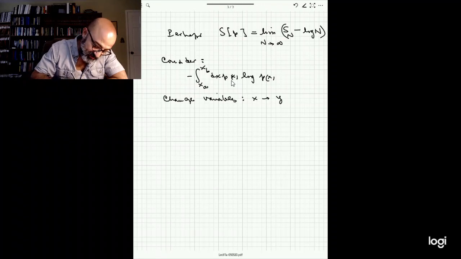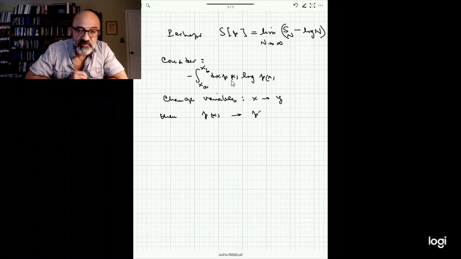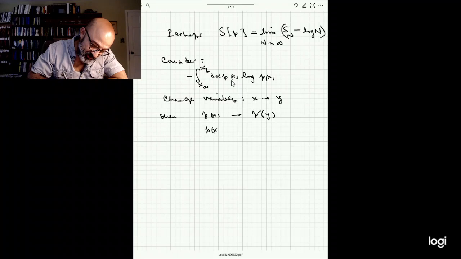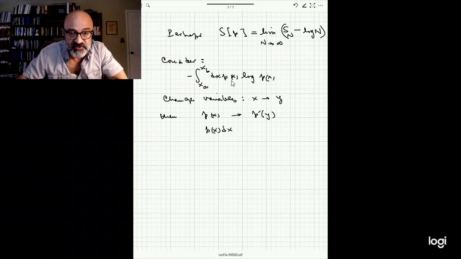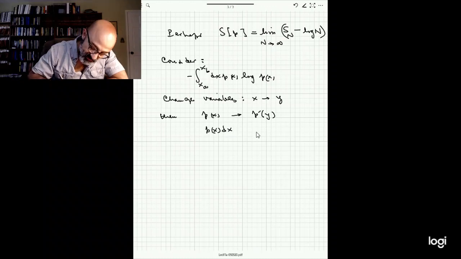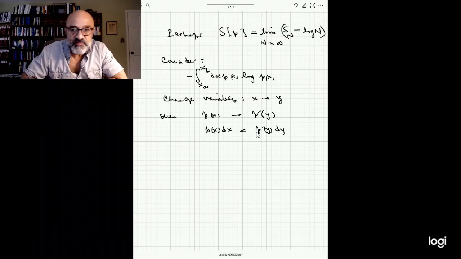Then the probability px changes into a new probability distribution, which is now a function of y. And of course, the change is such that if you figure out the probability within a certain small region, a small little volume, this of course is the same as the probability of y within the corresponding volume.